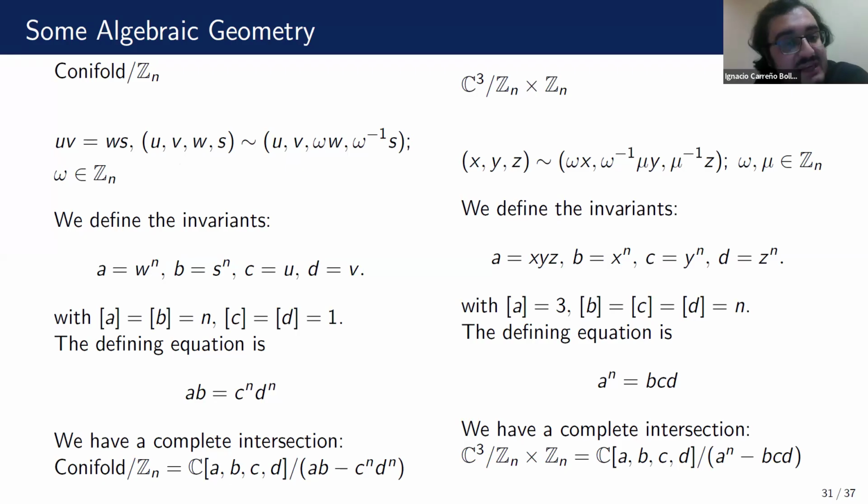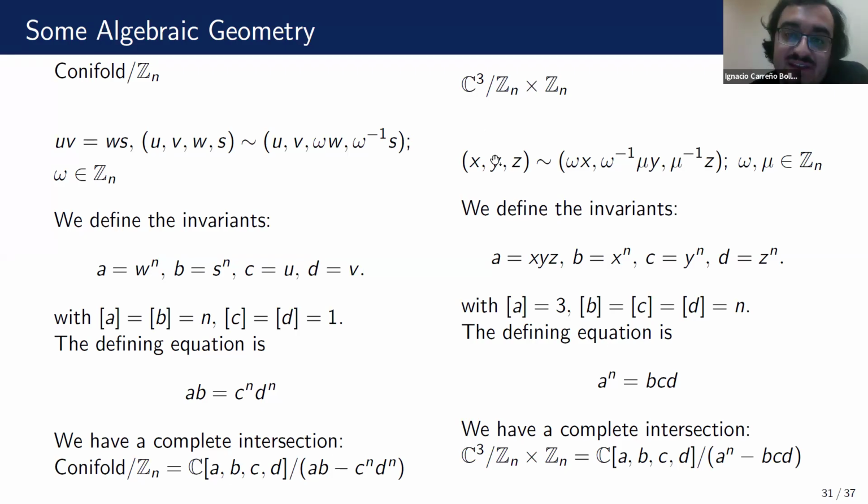So we have to define some new invariants, which are given by this A, B, C, and D. Now, if we give the original UV variables a scaling of 1, then these new invariants have the following scalings. And then we can rewrite this orbifold of the conifold as this hypersurface given by this defining equation. So we can change variables and transform this original variety into this coordinate ring, which is a complete intersection as it is an algebraic hypersurface.